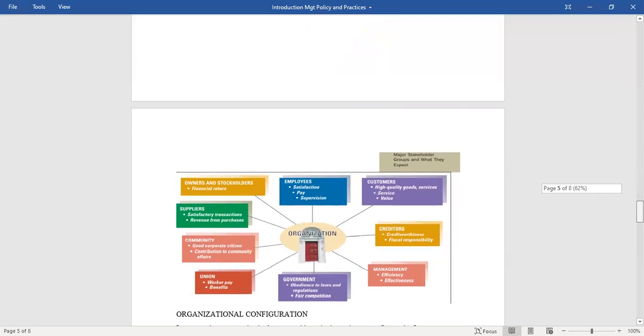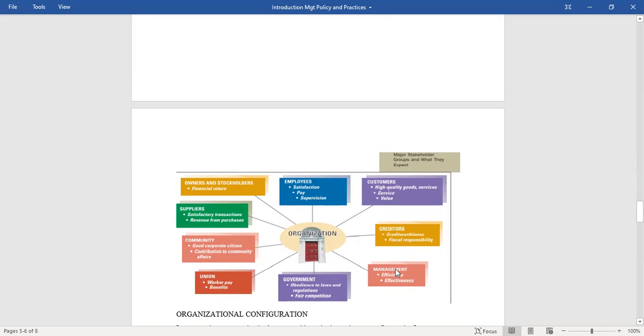Now, over here, you can see what are the different stakeholders in the organization. So, definitely, customers are very, very important, because to provide them with the highest value, that should be the goal of the organization. Then come the investors. Of course, they want financial responsibility as well as credit worthiness.